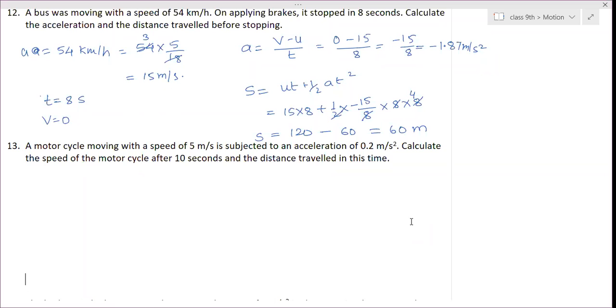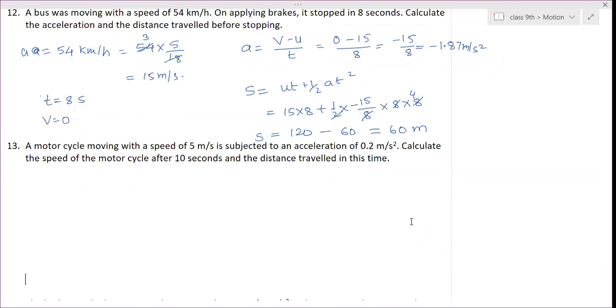Yes, V is 7 meter per second. And distance covered is 15 meters? 50, no. 500 meters? No. Ma'am, is it 60 meters? No.